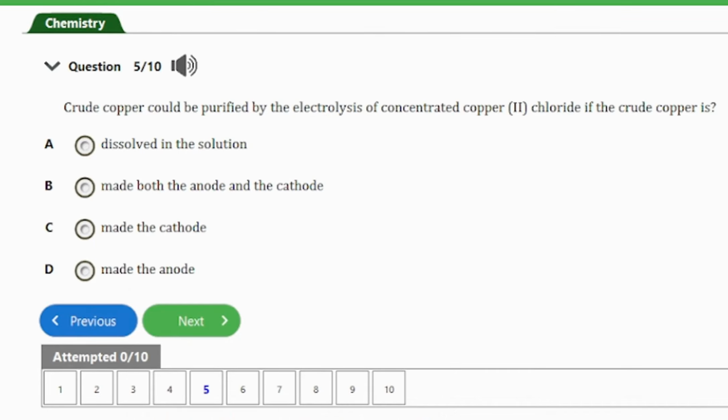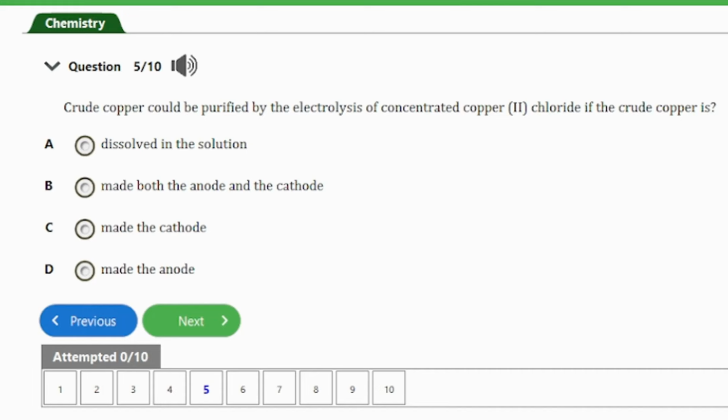Question number 5. It says, crude copper could be purified by the electrolysis of concentrated copper(II) chloride if the crude copper is: A, dissolved in the solution; B, made both the anode and the cathode; C, made the cathode; D, made the anode.